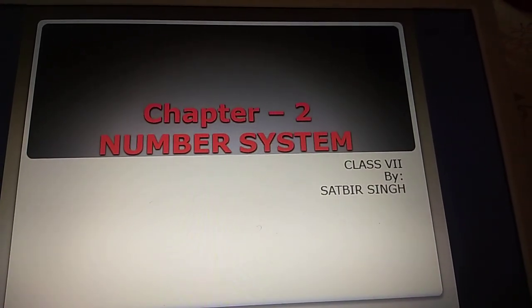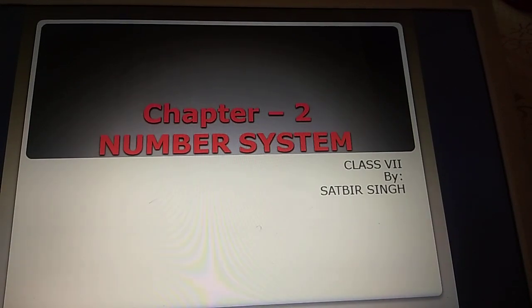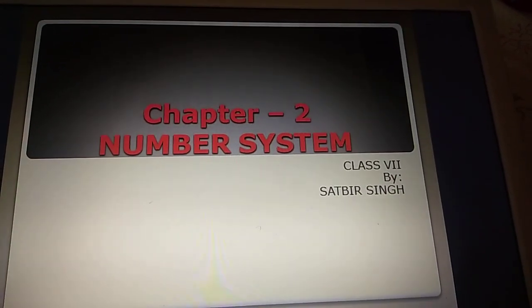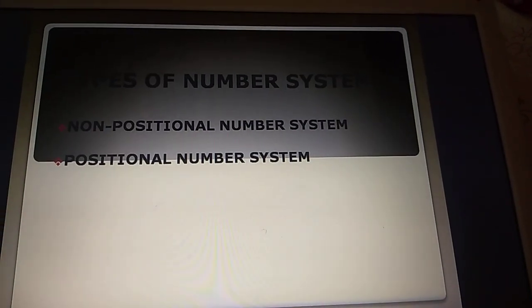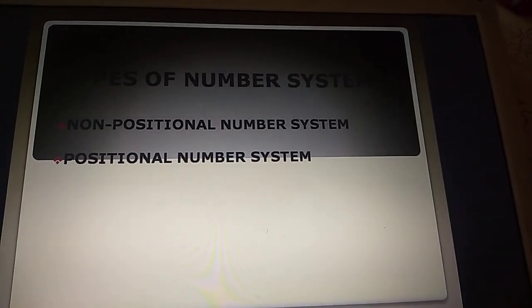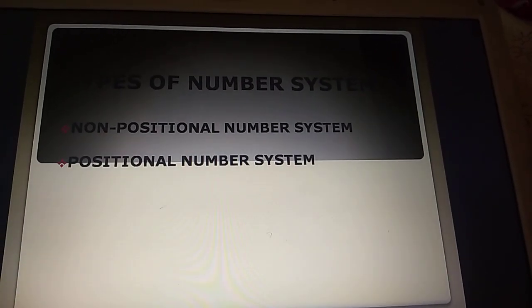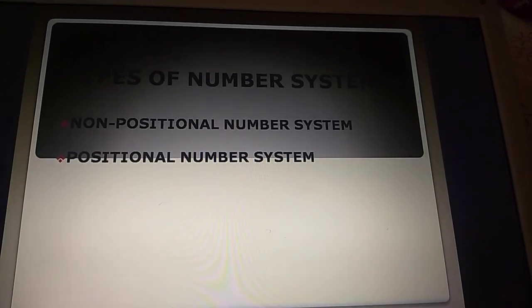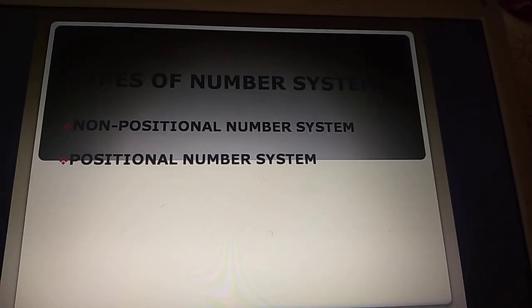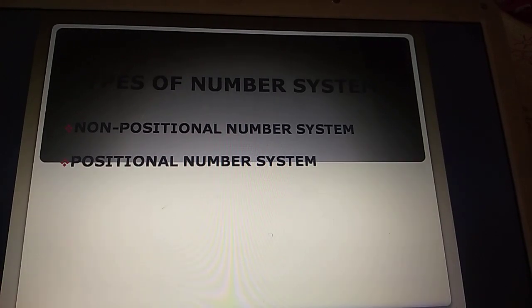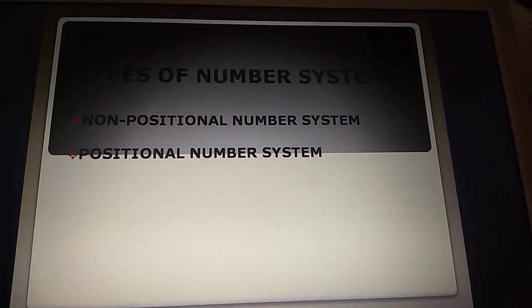In the previous video of chapter 2, that is number system, I explained what is number system and what are its types. The number system has been divided into two types. Non-positional number system.